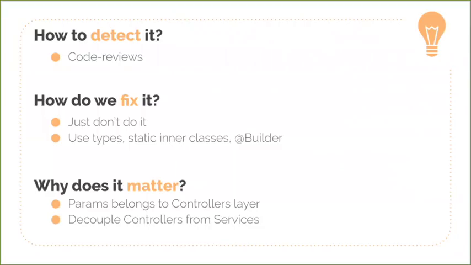And we want to decouple controllers from services. So if we pass params to a service, we can't call that service from another service because we don't have params. So what we do is we create a map, which again is a box, and we put everything there. And that's really grown, and it's complicated to read and maintain because remember, a box, you can't see anything about the types there.